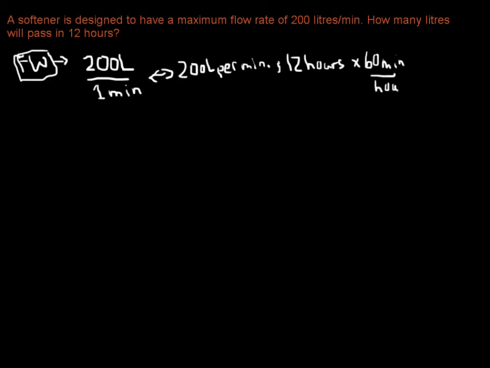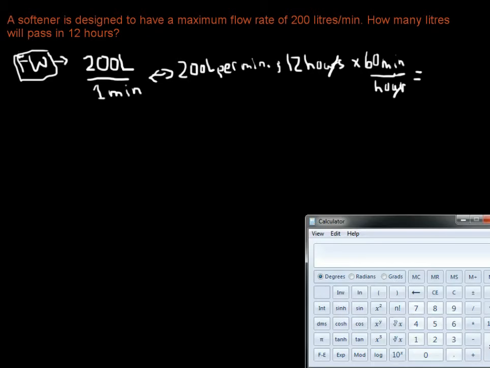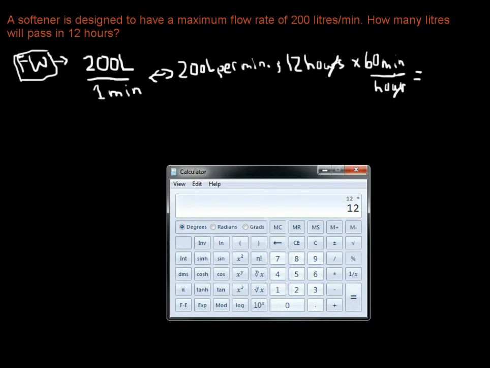I like to keep the units, even if we already know there are 60 minutes in an hour. At least this way you'll know what kind of units you're ending up with. So hours cancels off and we're left with 12 times 60, 720 minutes.